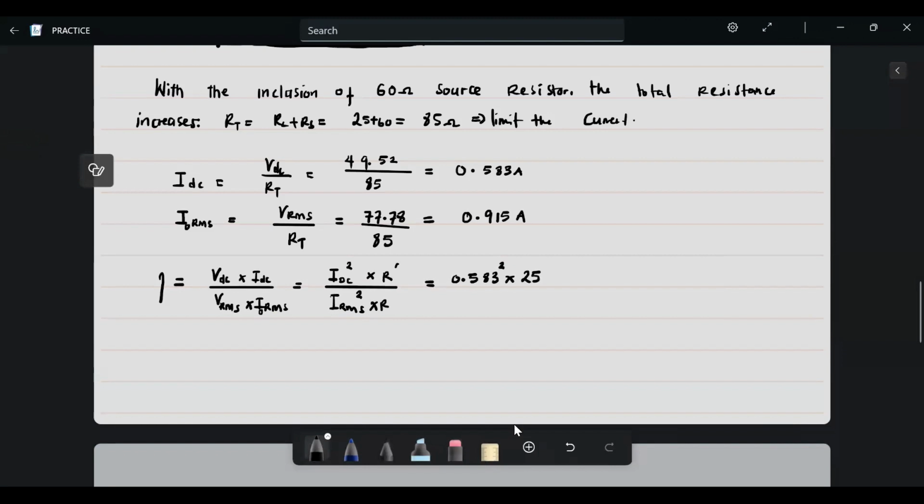25. So you notice that these guys will cancel out, right? And then IRM is 0.915 squared times 25.